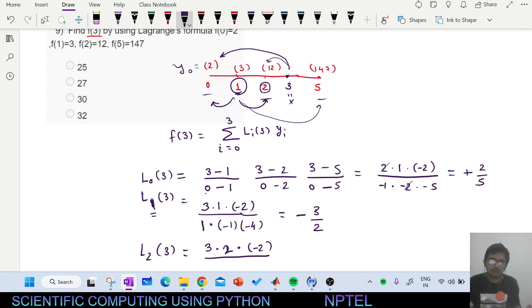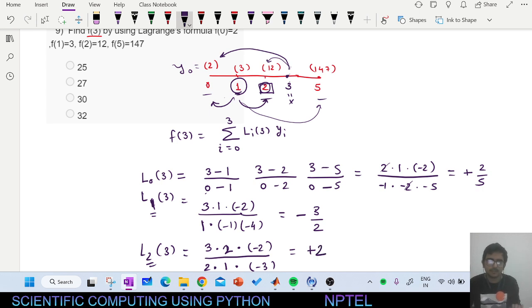Now we calculate distances from this 2 because we have L2. So 2 minus 0, which is 2, then 2 minus 1, which is 1, and 2 minus 5, which is minus 3. So this will be plus 2, right?